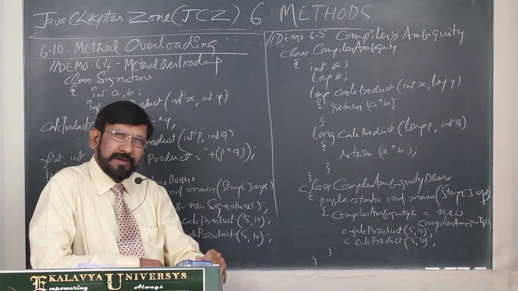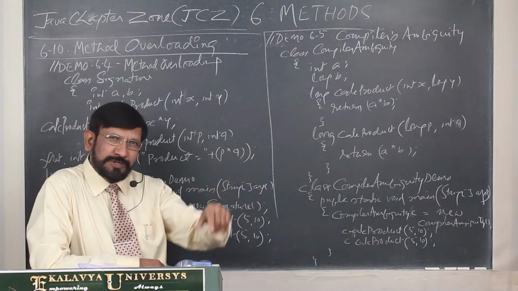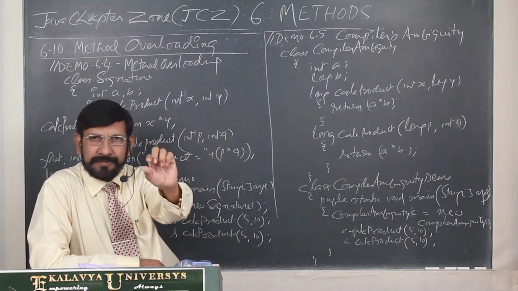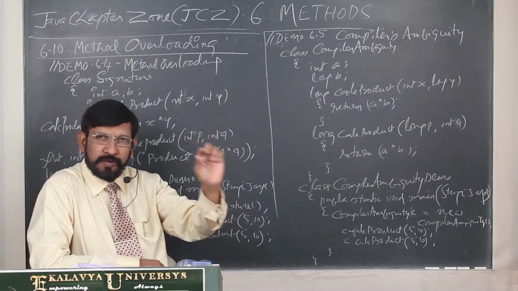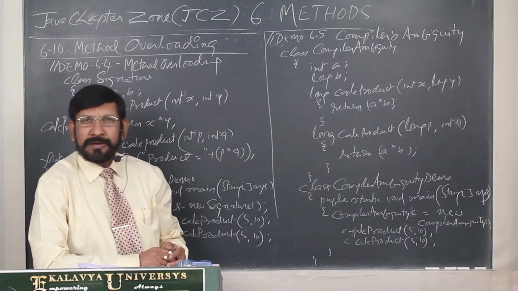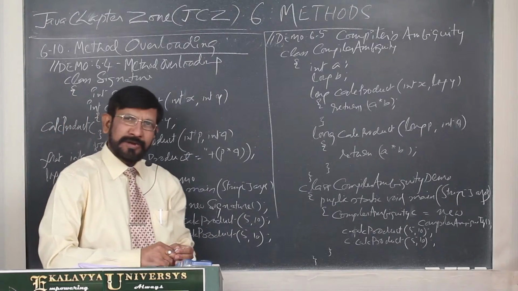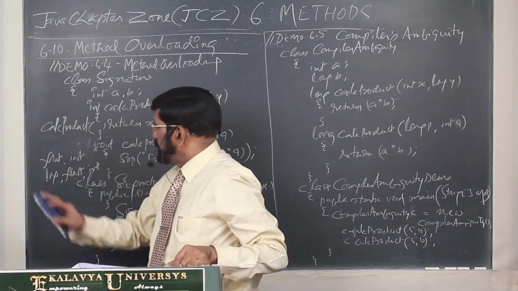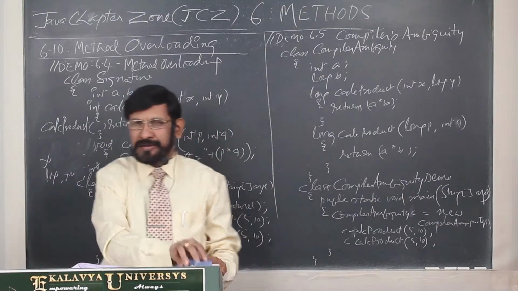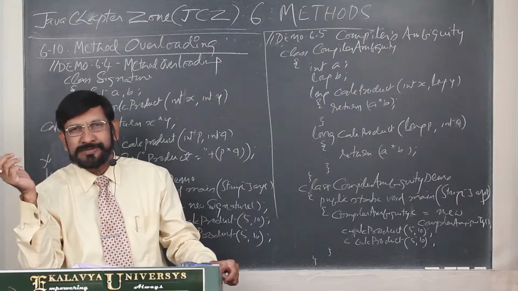But how can you change the names for the 3 versions? One takes int, another float, the third long, float, int. All are calculating product, so you cannot change the names. For the sake of change, you should not change the names.